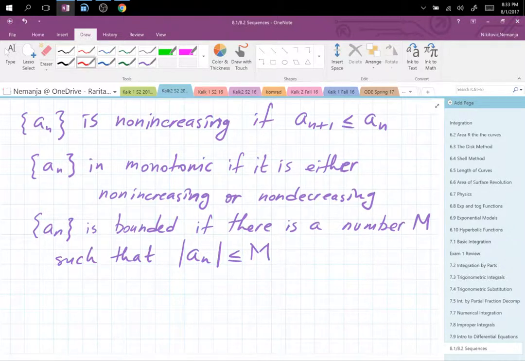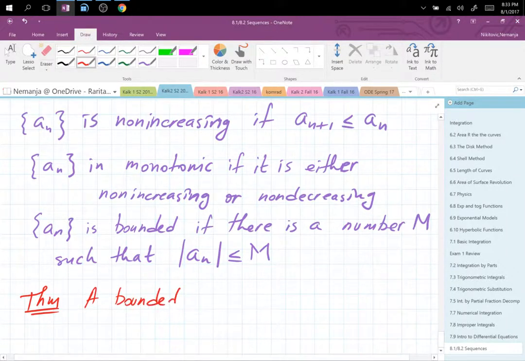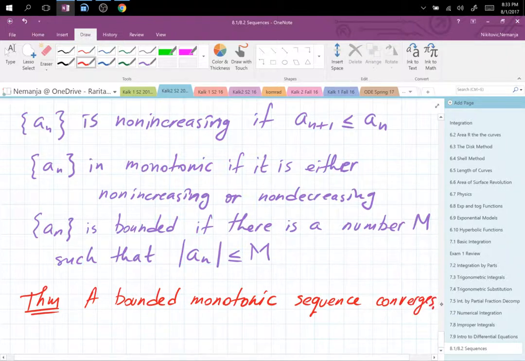Another theorem: a bounded monotonic sequence converges. Which makes sense.